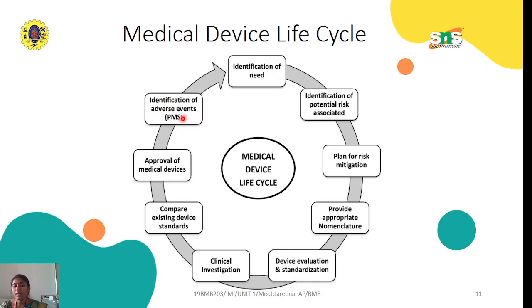This post market survey is very important, because your job is not done once the product has come to market or been sold. After it is sold, you have to follow the product over a certain period of time to see whether it gives any adverse effects. That follow-up is PMS, post market surveillance. If any adverse effect is identified after a certain time, then you have to redo this, and again follow the same procedure until getting into the market.